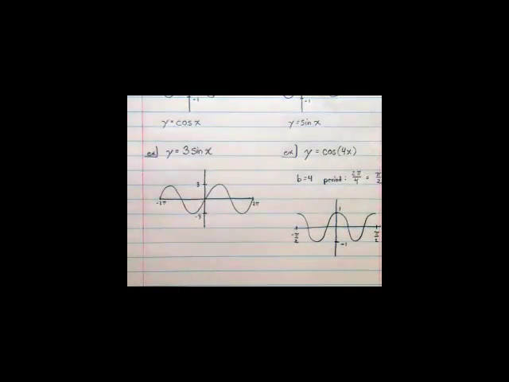Period's pi over 2, right? So from maximum to maximum, that's one full cycle. That's one full period, pi over 2. If I go backwards, there's one full period from there to there, negative pi over 2. Make sense? Okay, just changing my scales to do that.